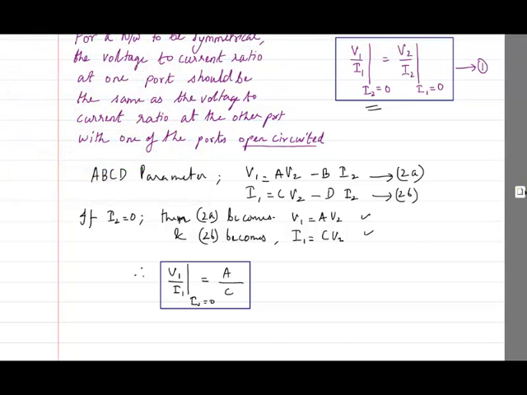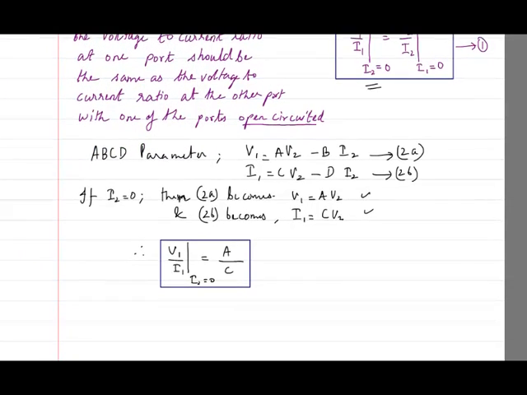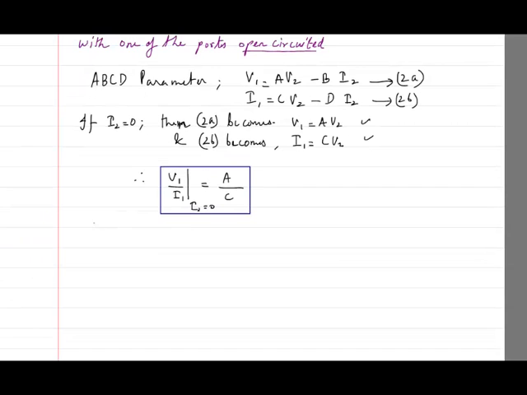Now for the second case where I1 is 0, if I1 is equal to 0, then we only need to look at equation number 2B.